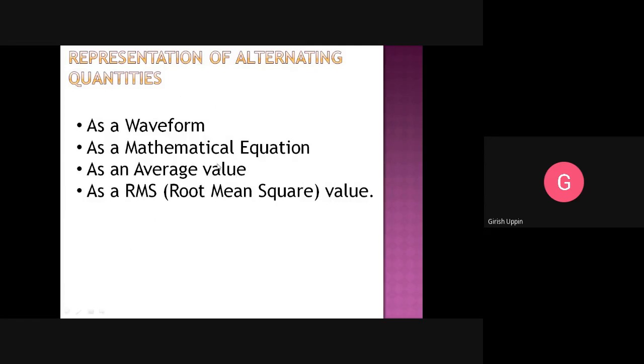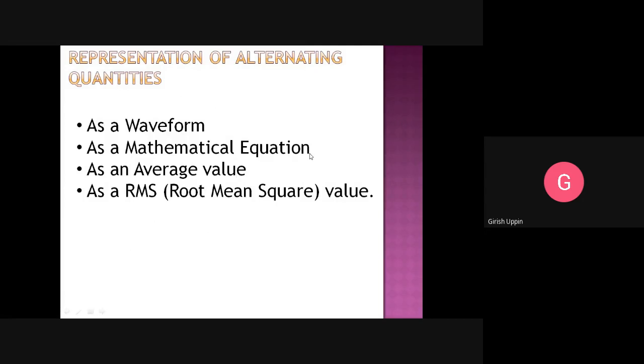All alternating quantities can be represented as a waveform, but comprehending the waveform is not very easy. If they give a sinusoidal waveform, it's very difficult to comprehend. So the next easy way is the mathematical equation.